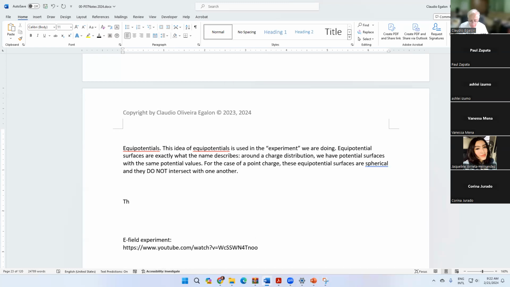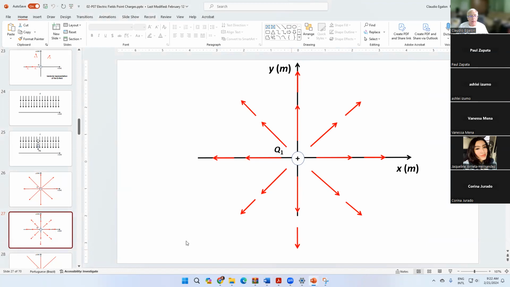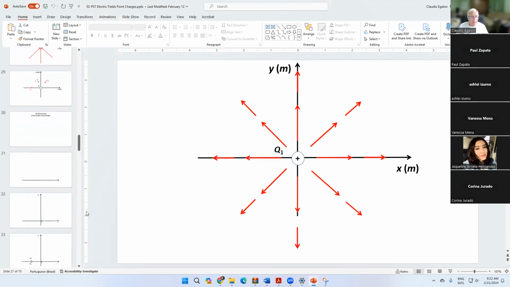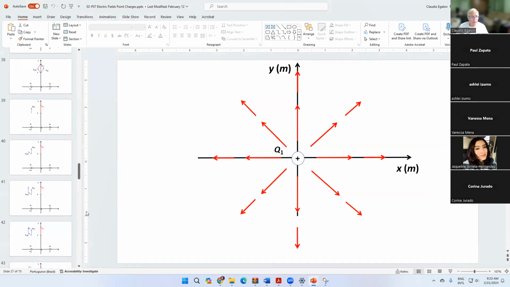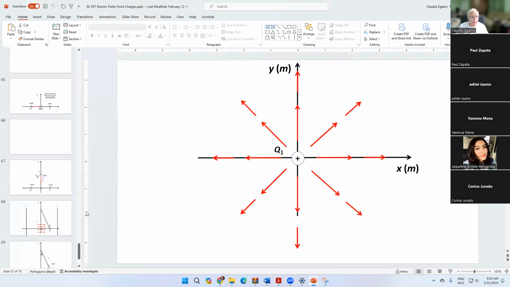The next simpler equipotential surface is that for a uniform electric field. Okay. So let's take a look at a uniform electric field.